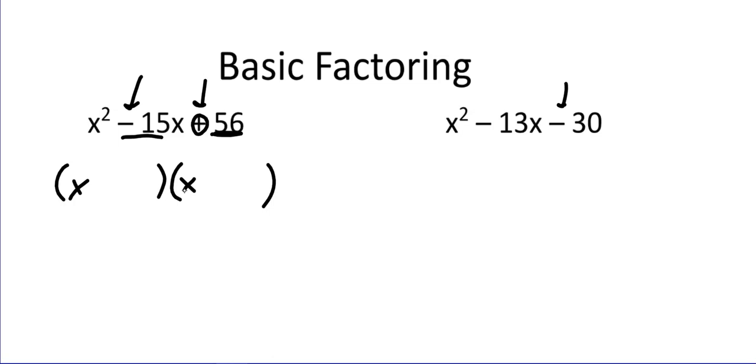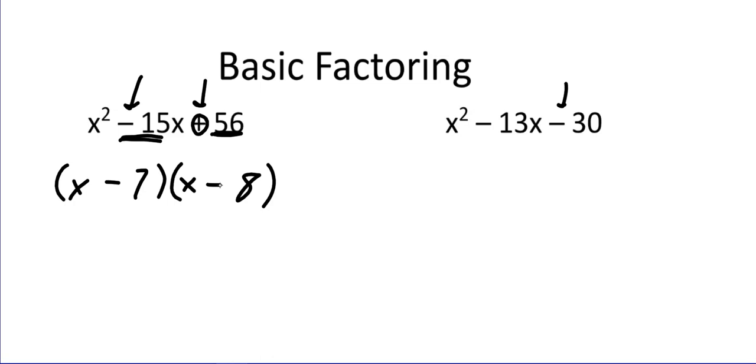And if you're not good at your times tables, then you just use a calculator and start playing with numbers and start dividing by 2, dividing by 3 and 4 and 5 and so forth. And eventually you'll get to 7 and 8. 7 times 8 is 56. 7 plus 8 is 15. And since it's a negative 15 we need, then we're going to do that. All right? If the 15 in the middle was positive, they would just both be positive.